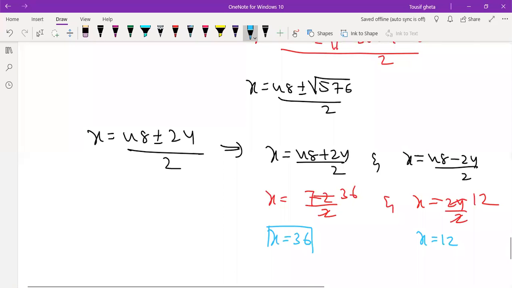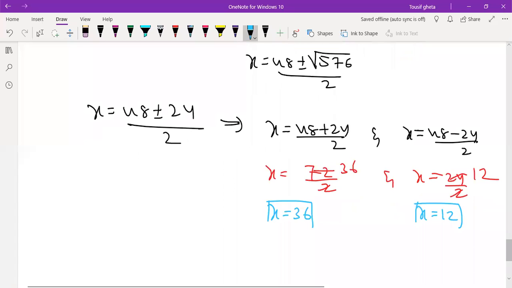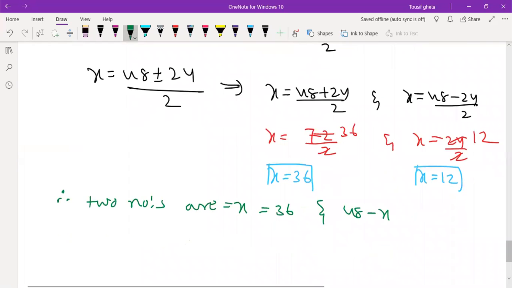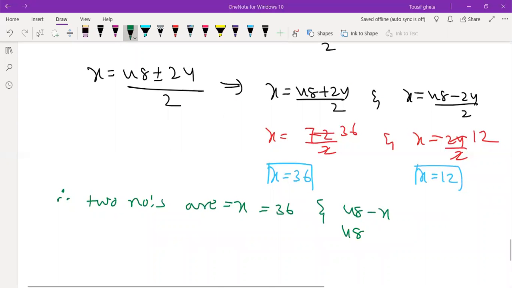Again, both are positive. We should find two numbers. Therefore, two numbers are x. We take 36. Then the other number is 48 minus x. So we will get 48 minus 36, how much will you get? 12.